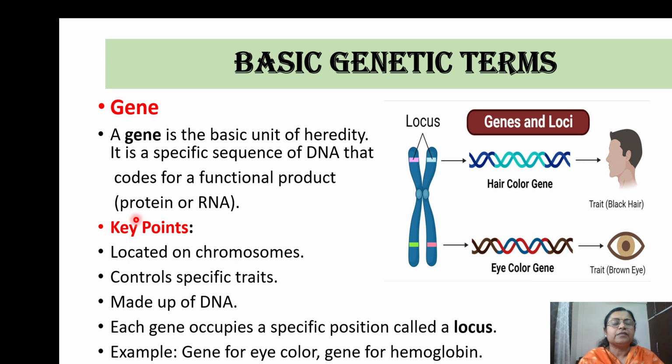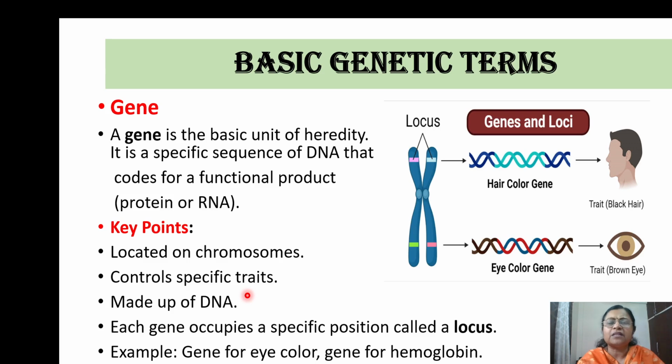So see certain key points. Genes are located on the chromosome. You can observe this is the chromosome, and on the chromosome this part is known as a locus. Here genes are present, suppose particular genes are present at this site. They control specific traits.